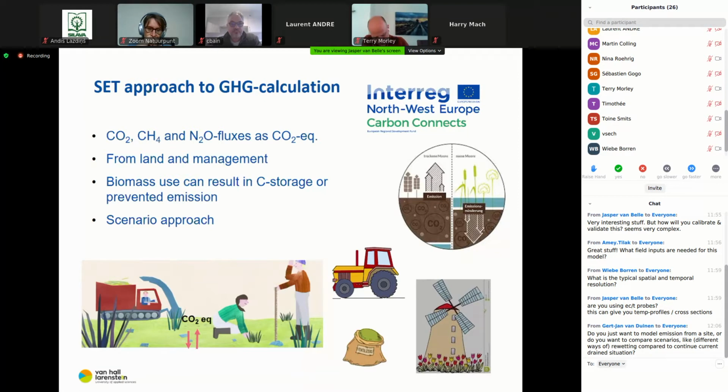And we also included the use of biomass, because if you use your biomass to, for instance, replace fossil fuel use, you could count this as a greenhouse gas reduction.